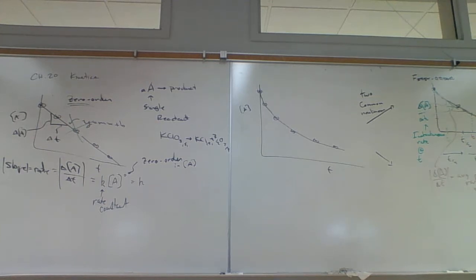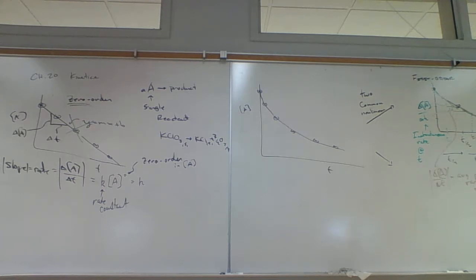And so this equation has the form y equals mx plus b. And therefore, if we plot the natural log of the concentration of A versus time, this is the time interval, delta t.